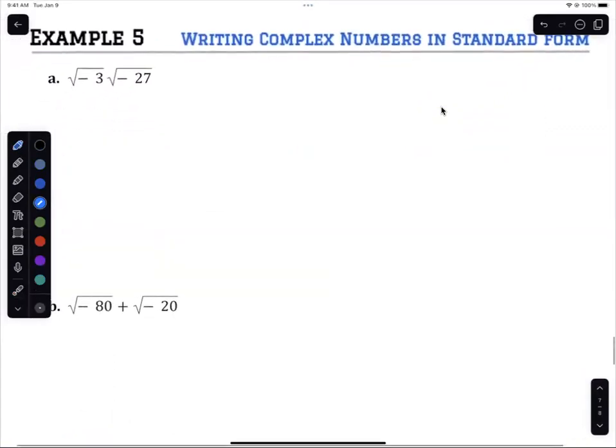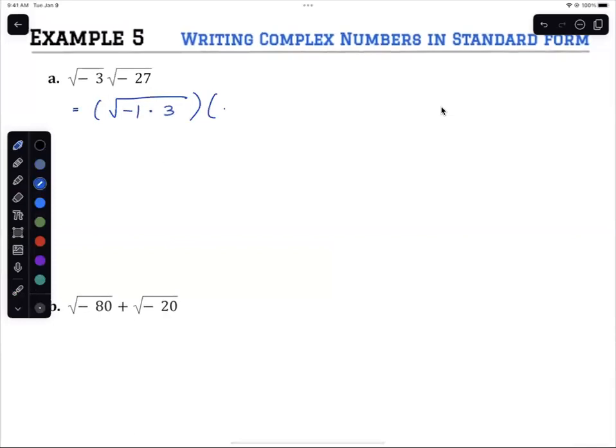Rewriting an expression in standard form. So taking a radical times another radical. I'm going to first simplify this guy. So the square root of negative 3, we can think about as the square root of negative 1 times 3.